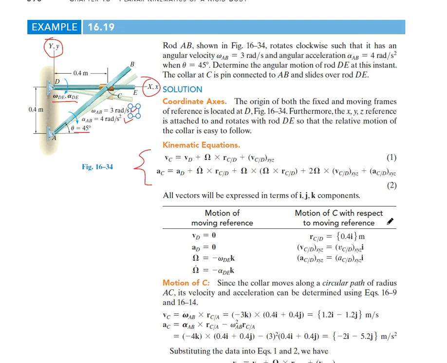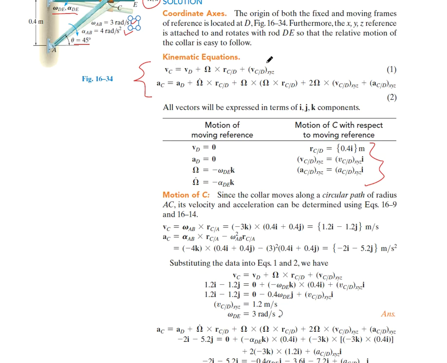Motion of C with respect to the moving frame: we know the position vector, but we don't know the relative velocity and relative acceleration fully. We know just that the two are along the x-axis.